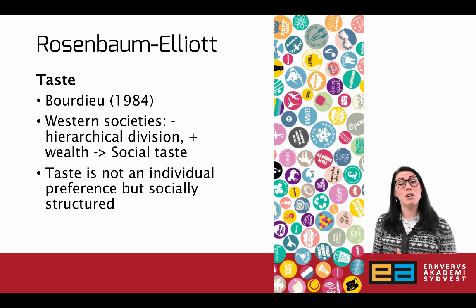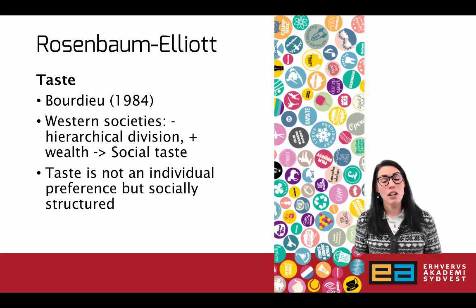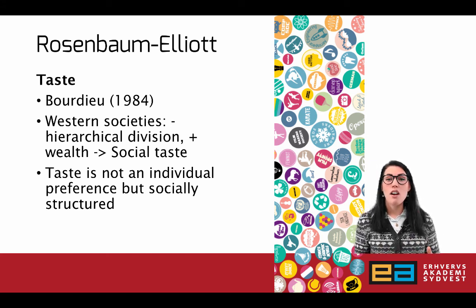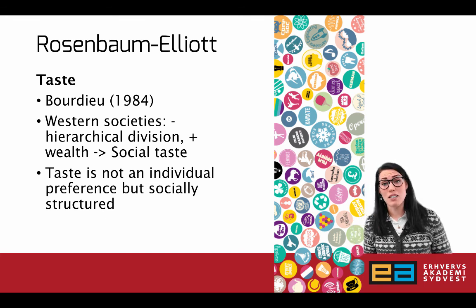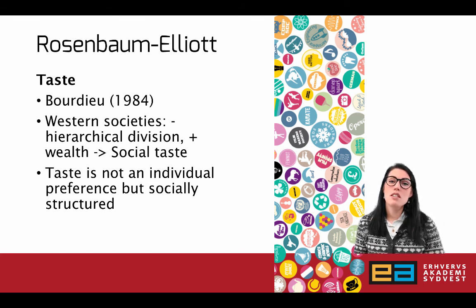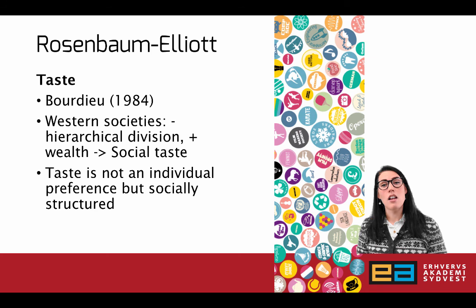If you, for instance, go to India, where everyone is wearing very colorful clothes, again, you will see how they integrate, because some colors show which part of society they are part of. So taste is not an individual preference, but a social structure thing. Even though you maybe like something, you will always be moved or changed by the way that other people are wearing things or doing things.